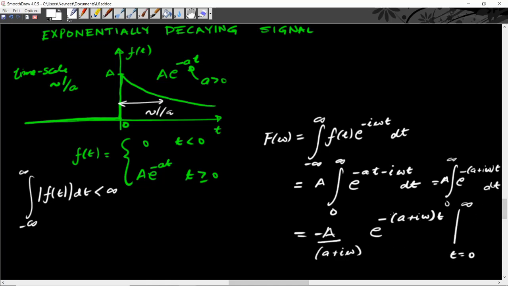As t tends to infinity this tends to 0, so the Fourier transform is given by capital A, that is the amplitude over here, divided by a plus iota omega, which can alternatively be written as this.